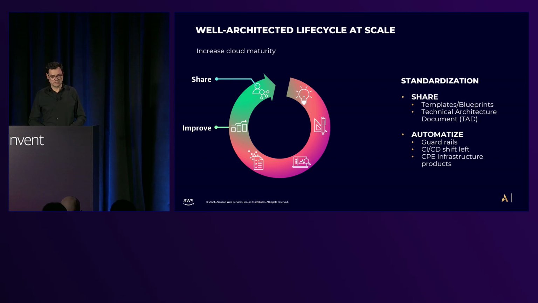And after, how to make it at scale? We should automate or consume. We can do this with guardrails, making everything possible in a shift left during your CI/CD. And of course, if you have a CPE, to build products that will be directly consumed by different teams.